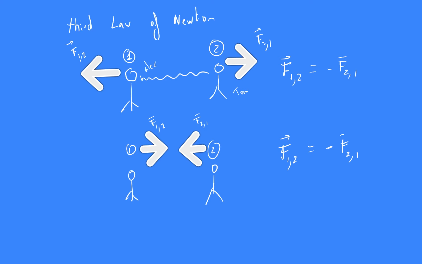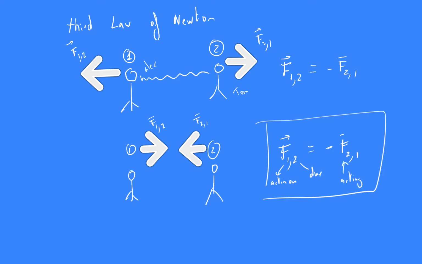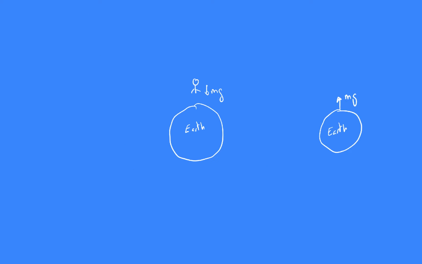And finally, the equation is always the same: F12 equals minus F21, the force acting on 1 due to 2 equals minus the force acting on 2 due to 1.